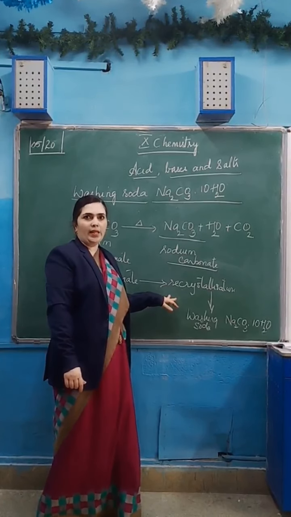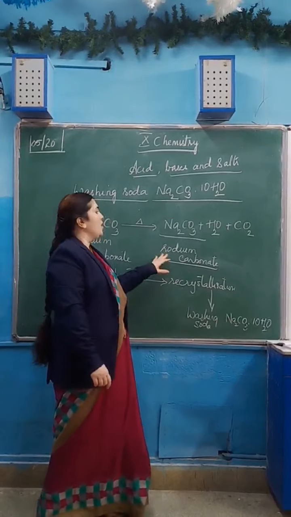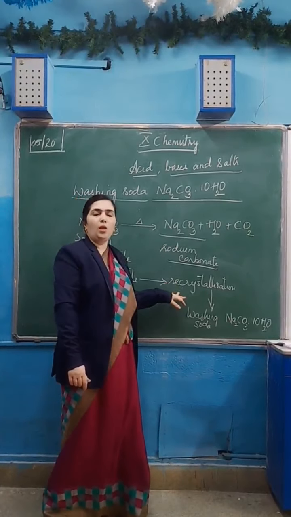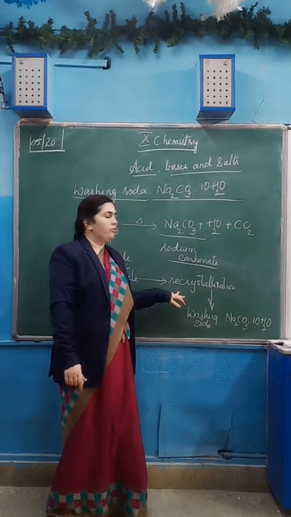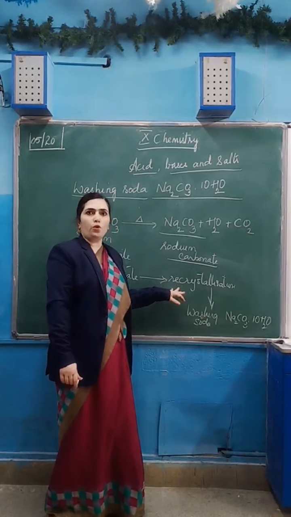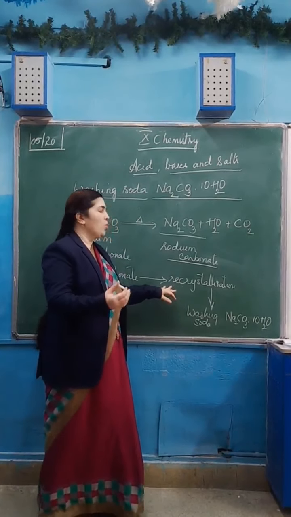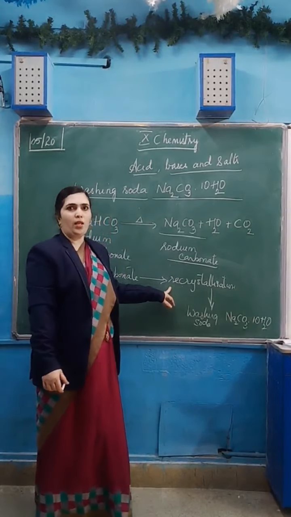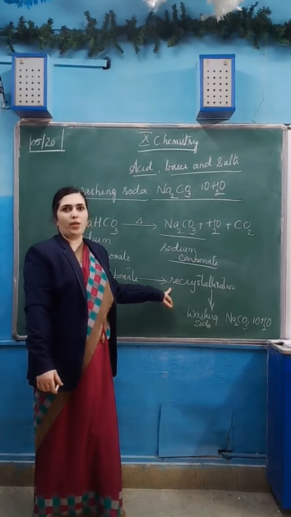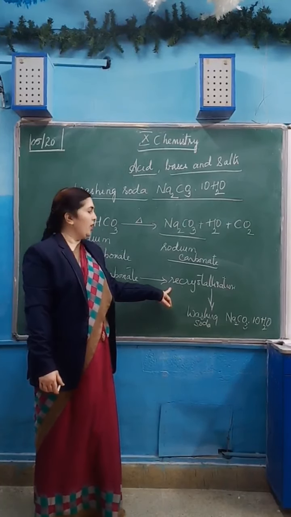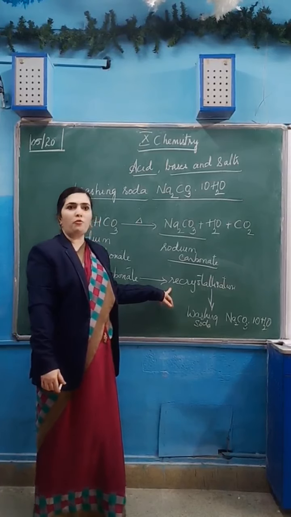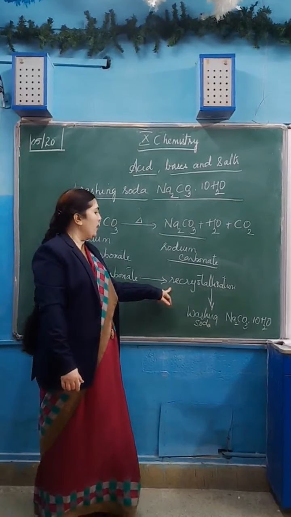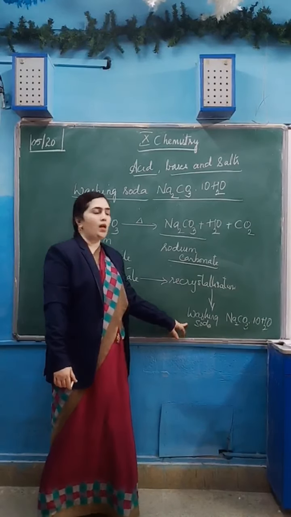You start heating it, and the sodium carbonate dissolves more when heated. Then you filter that solution and allow it to evaporate. The crystals you get after evaporation are the crystals of washing soda.